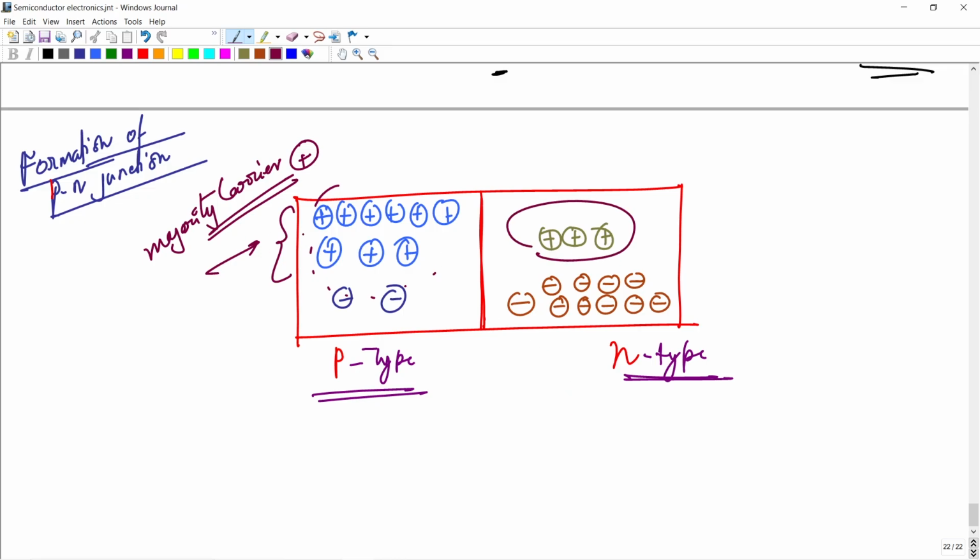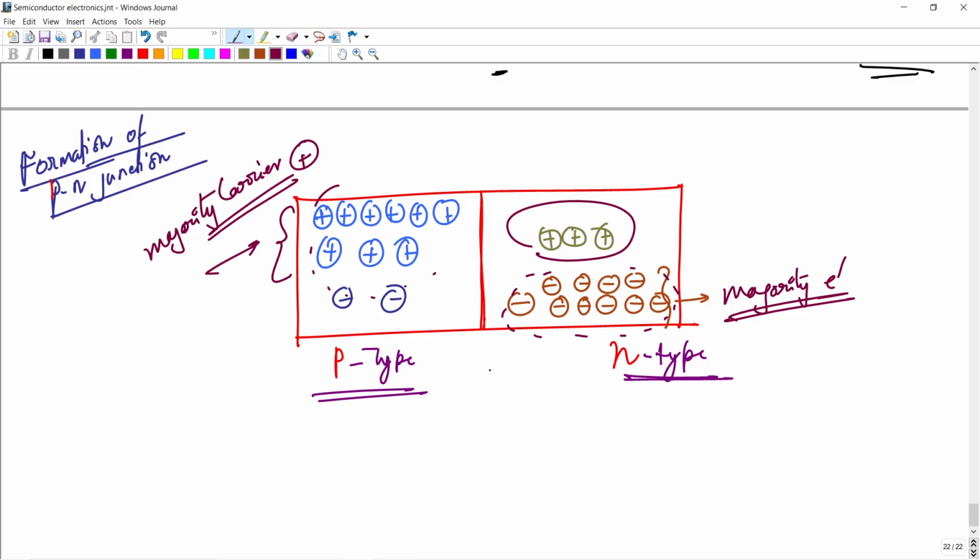And similarly, N type has the majority carrier electron, so the concentration of electron in N type is more than in P type.